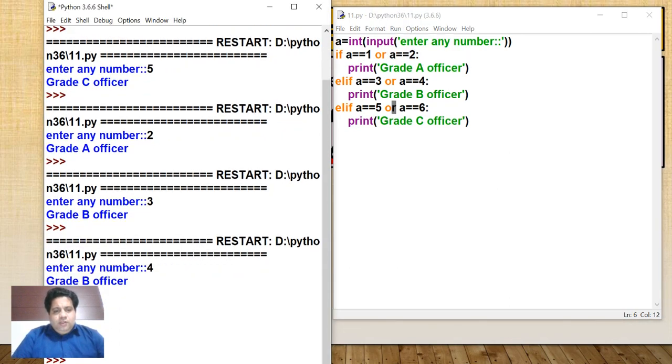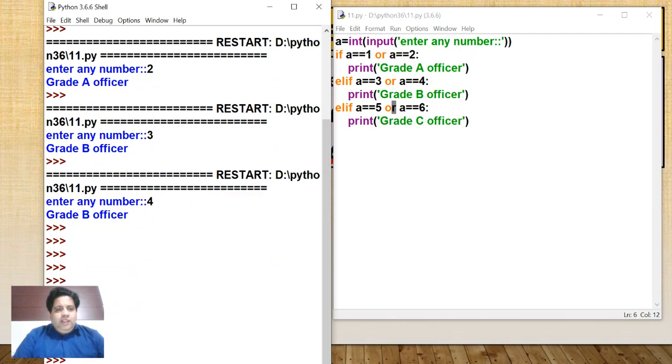Now see, when I entered 3, then also grade B officer, and when I enter 4, then also grade B officer. Because we have put OR, we have combined the condition using OR. So in OR, even if one condition is true, it executes the statement. It gives true. Clear?